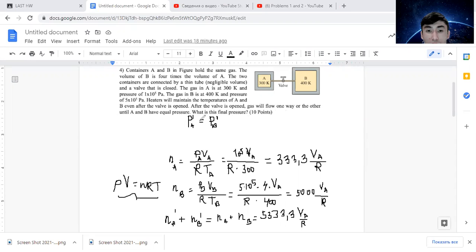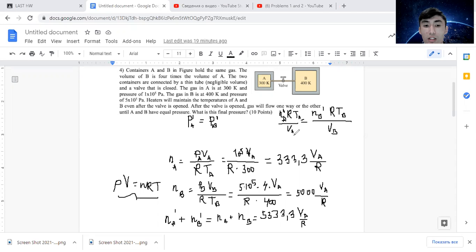So let's write here the equation of the pressure, equal to nRT over V. For the A container, here will also be NA R TA over VA, right? Equal to NB R TB over VB.